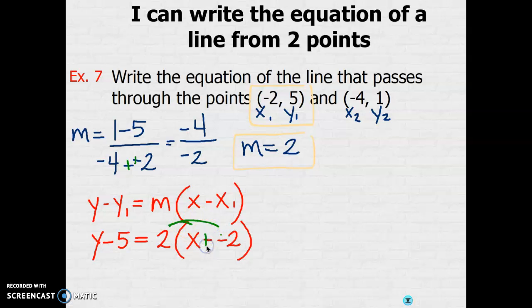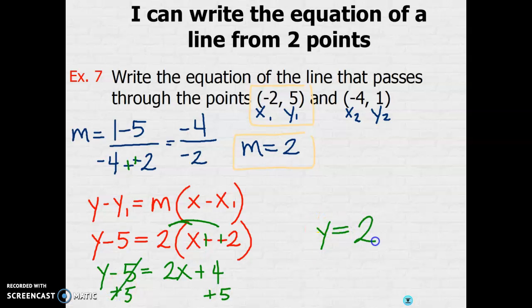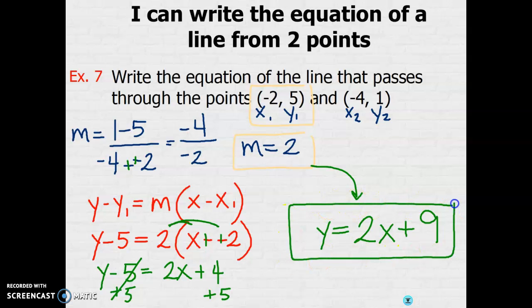Again, I see that minus a negative, so I'm just going to think of that as plus. So that really becomes 2x plus 2 times 2 is 4. And then I need to get y by itself. So I'm going to add the 5 to the other side and combine my like terms to get y equals 2x. Again, we knew the slope was 2. And then 4 plus 5 gives us a plus 9 as our y-intercept on the end.